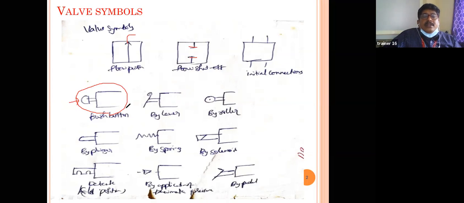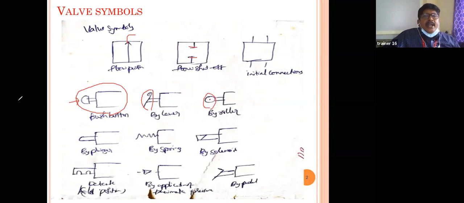And then there is the lever arrangement. With the help of the lever, maybe in the direction control valve, we see the lever arrangement, 1, 2, 3 engagement, right? With the help of the lever arrangement, the system will activate or deactivate, that means engaged or de-engaged. And roller is the same.